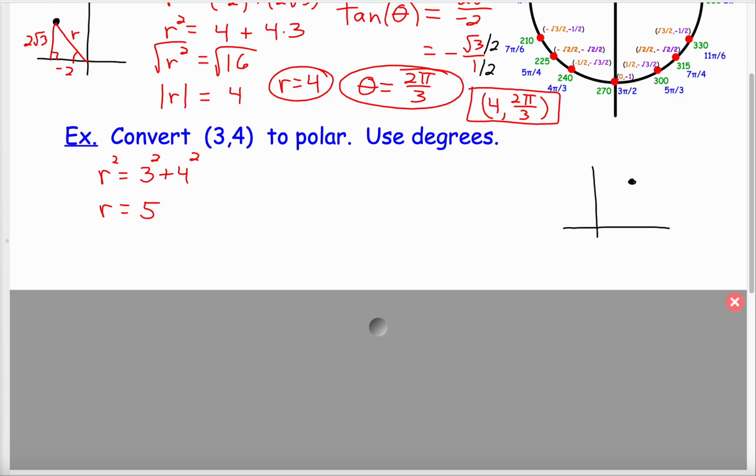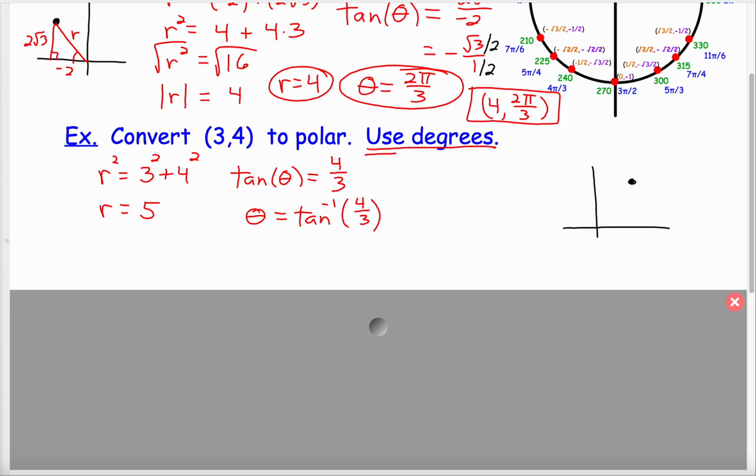How about the angle? Well, we know the tangent of the angle, tangent of theta, is y over x. Now this one I don't remember from the unit circle. I don't think any of those special angles on our unit circle have the tangent equal to 4/3. So we're going to have to use the inverse tangent and grab a calculator, and then we'll have to approximate our answer.